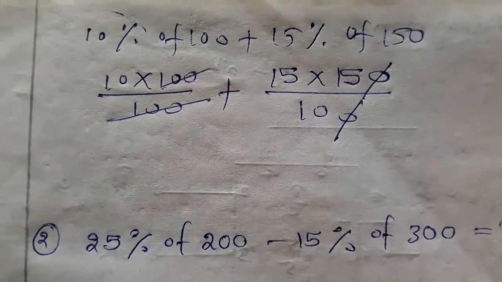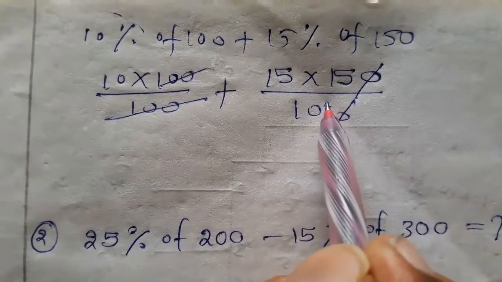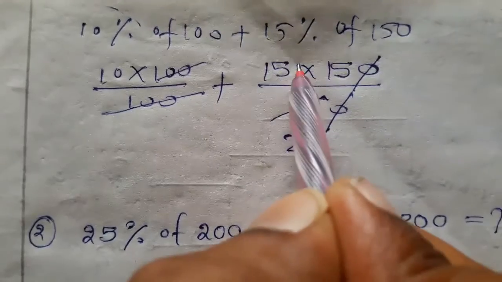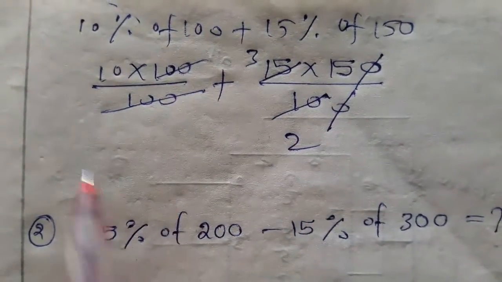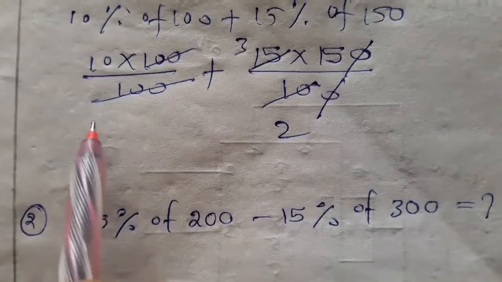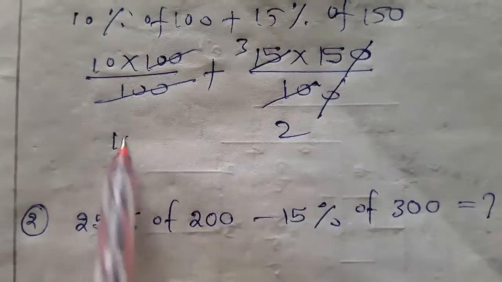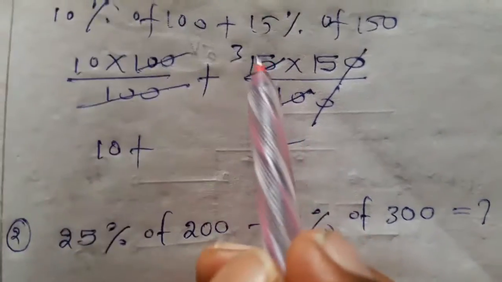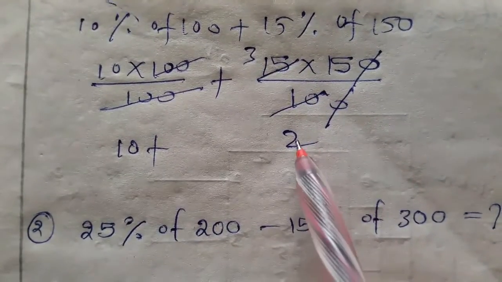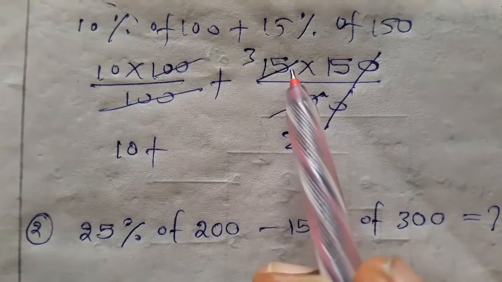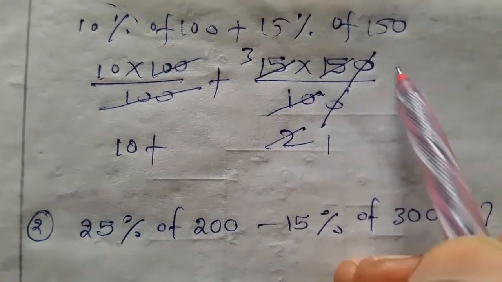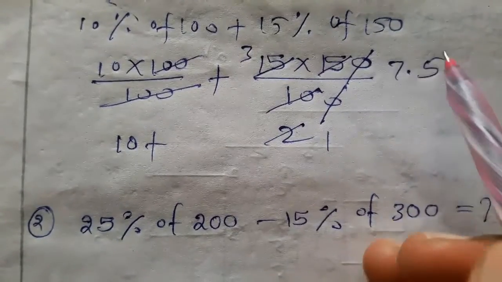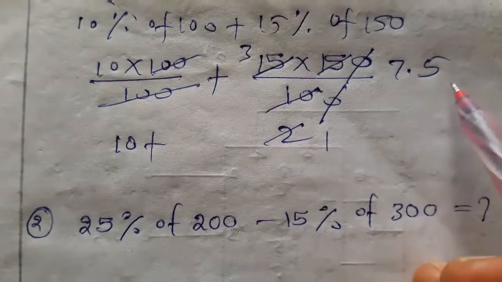This 0 cancels, isn't it? Now 5 2s are 10, 5 3s are 15. Now this is 10 plus 2 1s are 2, 7s are 14, 2 5s are 10.